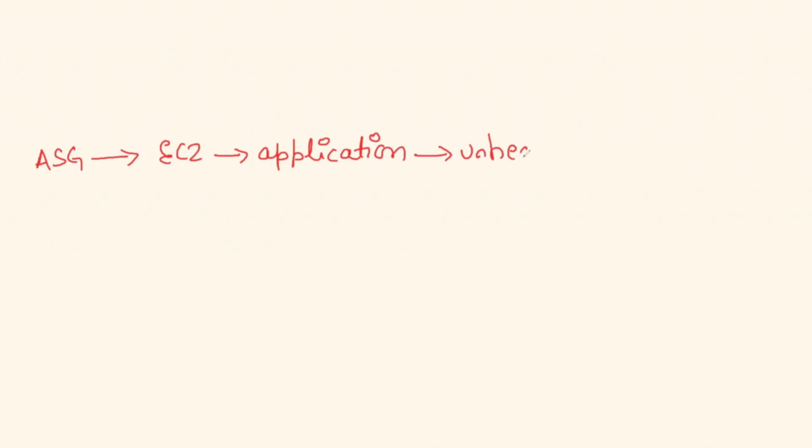So to summarize it and to make it clear, what we are trying to say here is the ASG, that is our auto-scaling group, is provisioning EC2 instances. But what is happening is because of our application, quickly this EC2 instance is getting into an unhealthy state.